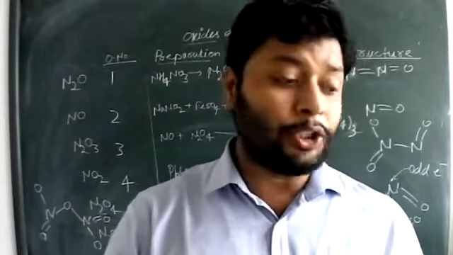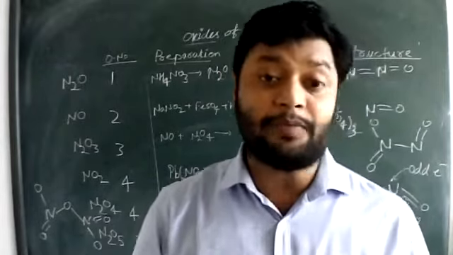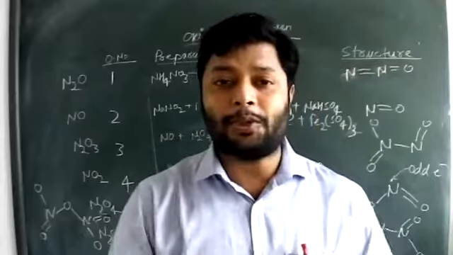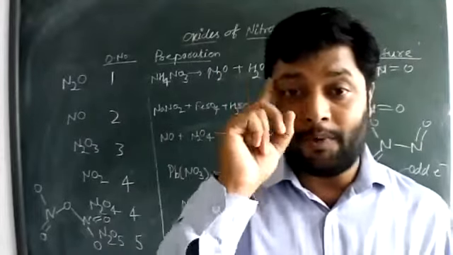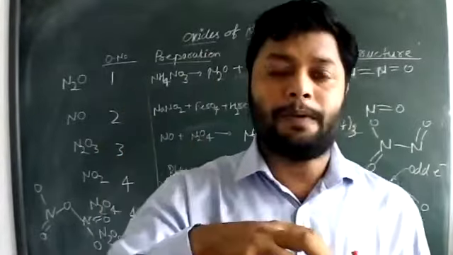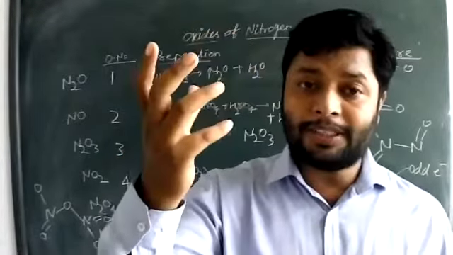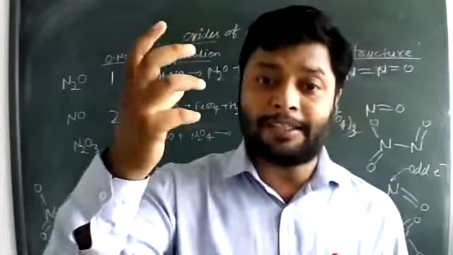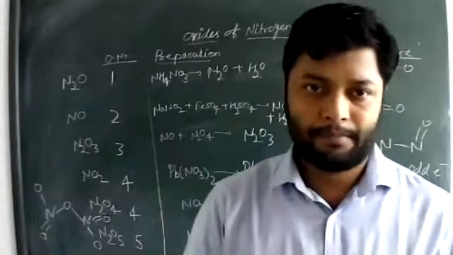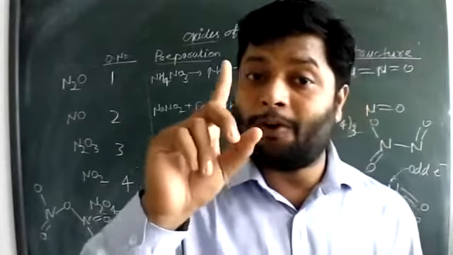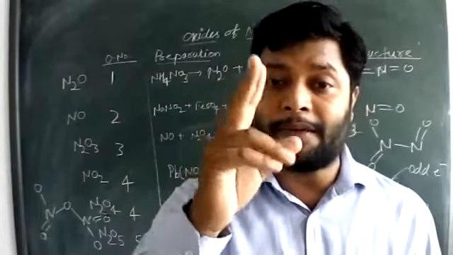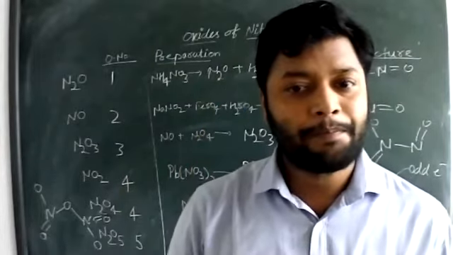Why does nitrogen show catenation property less than phosphorus? Catenation depends on two things. Whenever atoms bond with themselves, there should not be lone pair repulsion, because lone pair repulsion cuts the catenation power.